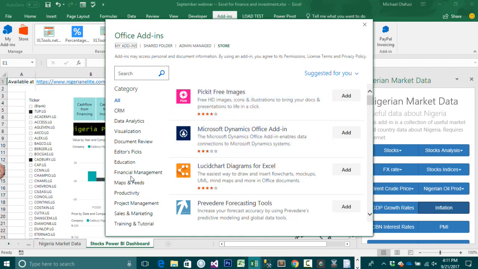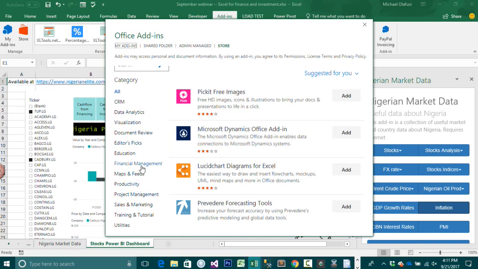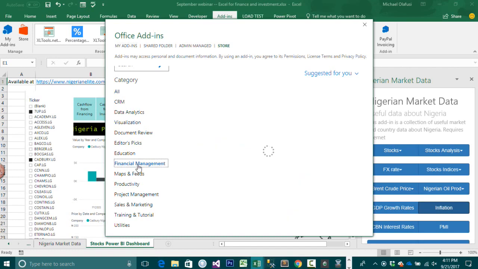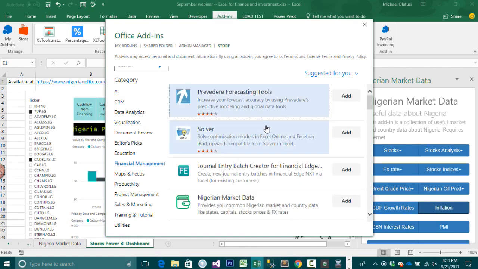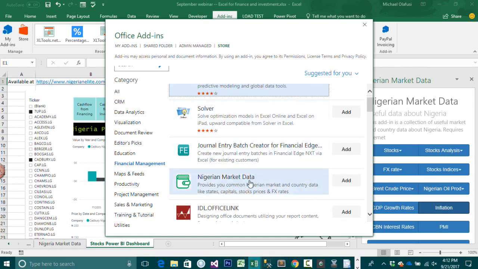Okay, so let's go to financial. How about you just don't search, just look for financial management. Under the category, click on financial management, and if you scroll down, you will find my tool as part of the listing. You can see it's even like number 5, or should I say 4, under financial management.